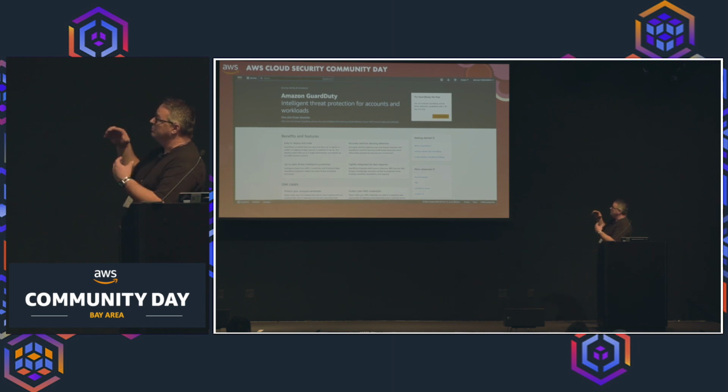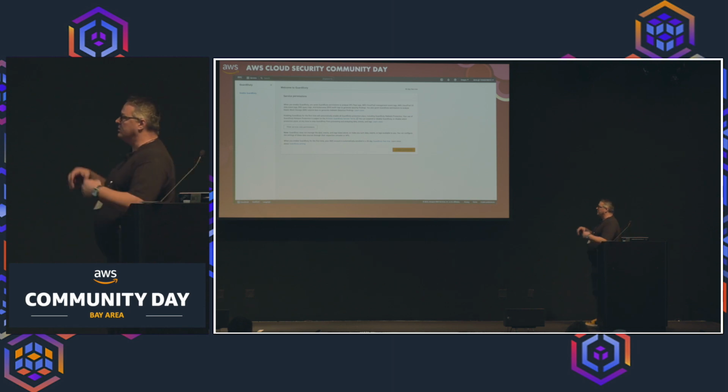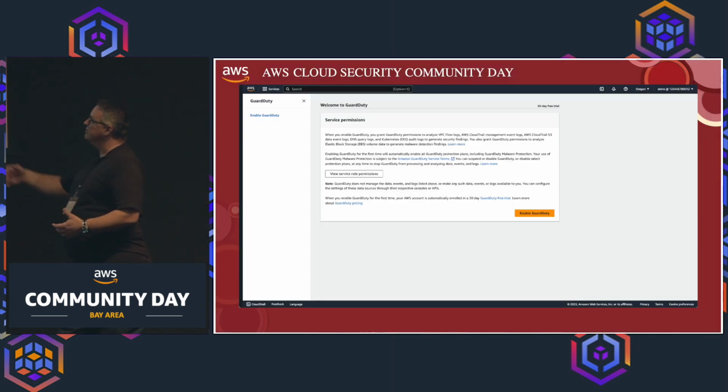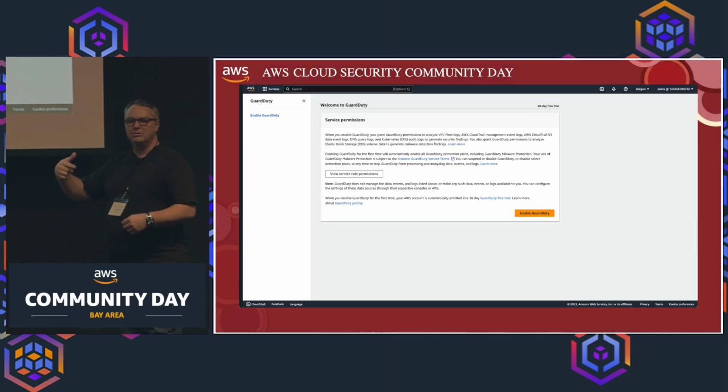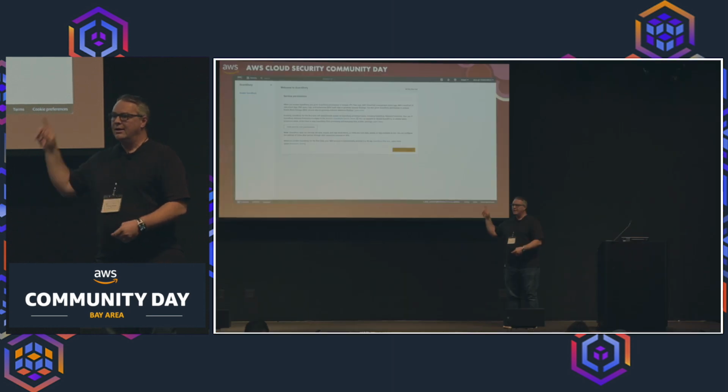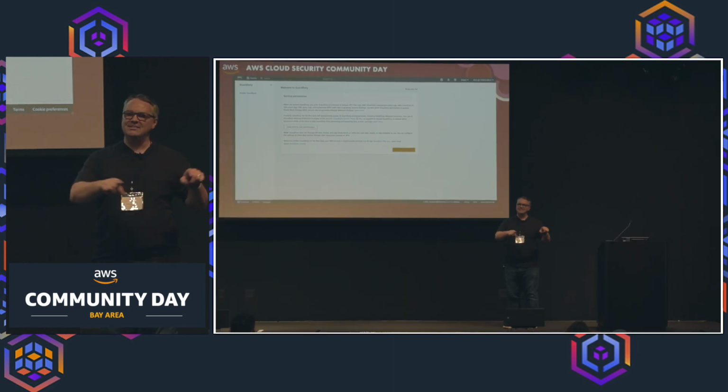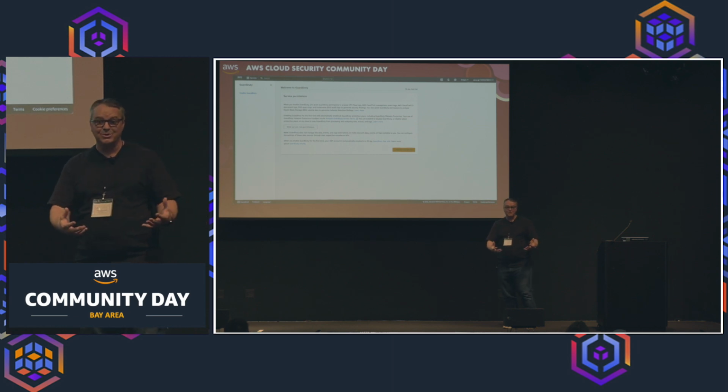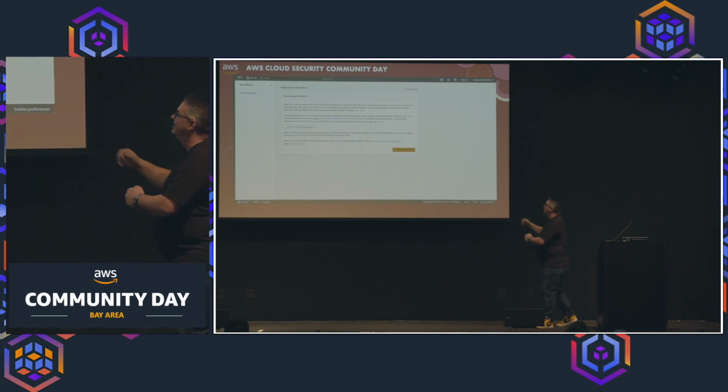And when we turn on GuardDuty, it's going to take us a little bit of time. GuardDuty needs to see things. You're going to get this splash screen. It's going to tell you, by turning GuardDuty on, you're letting GuardDuty see things in your account. It needs to be able to do threat detection.